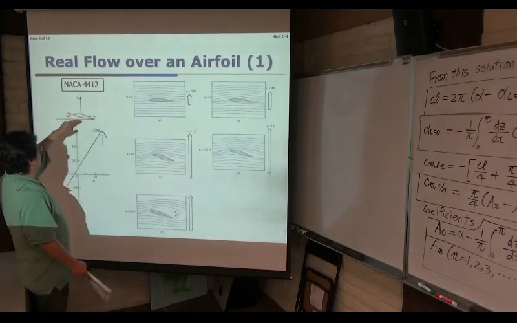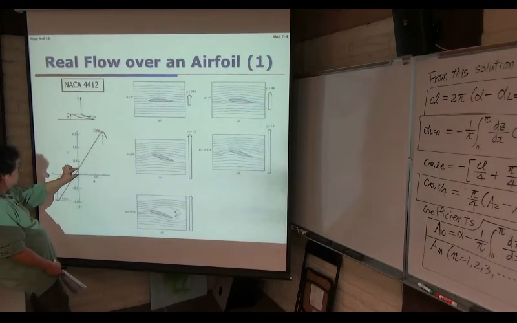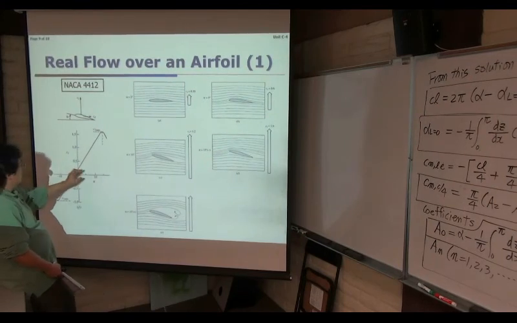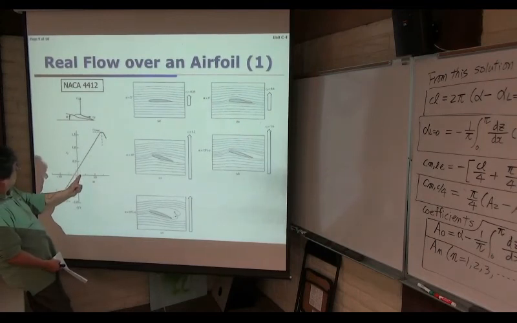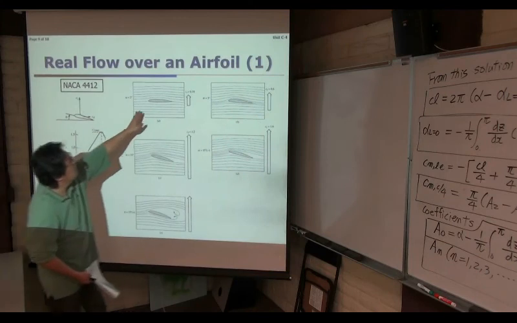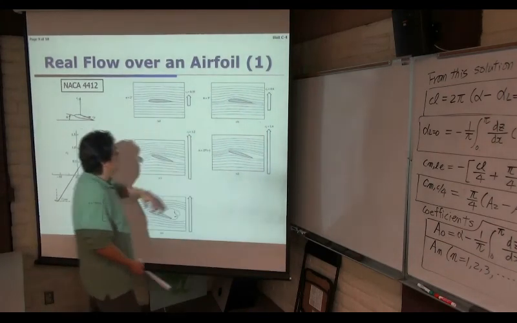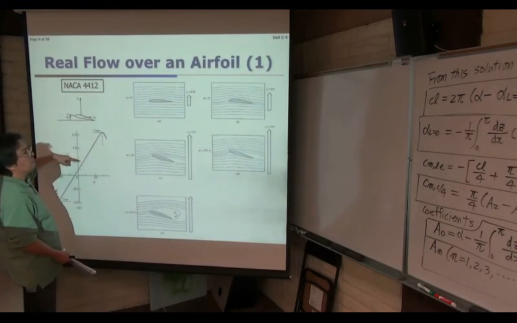Obviously, if you place it at 0 alpha, you're going to generate already this much CL. If you pitch up 2 degrees, you're going to generate 0.35 CL. Pitch up 5 degrees, you produce 0.55, 0.6.